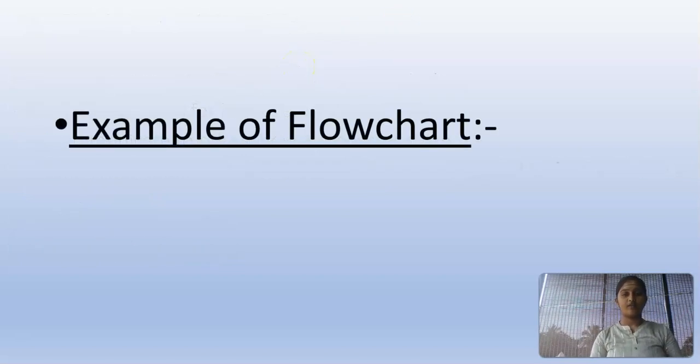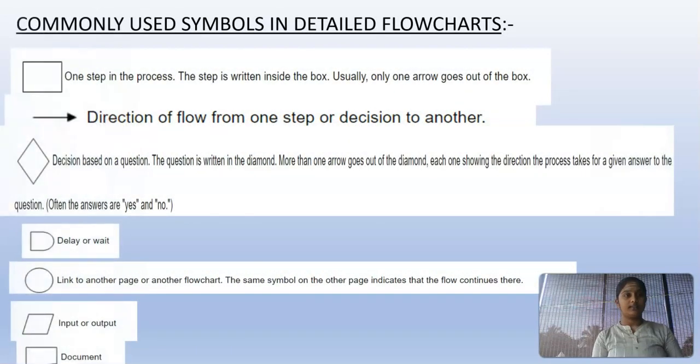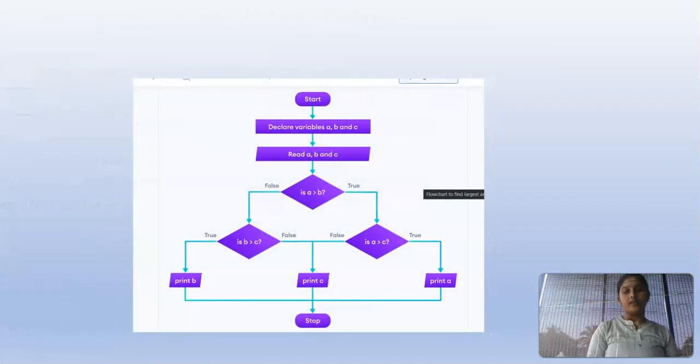Next, an example of a flowchart. First we start. Next, declare variables a, b and c. Next, read a, b and c.